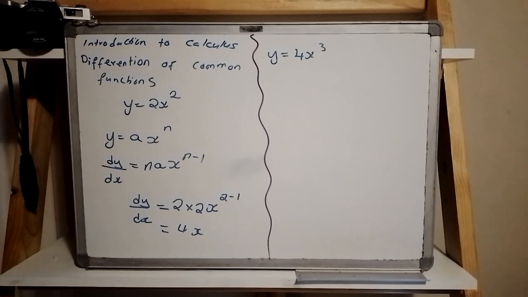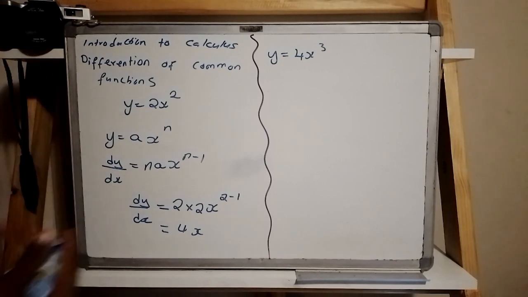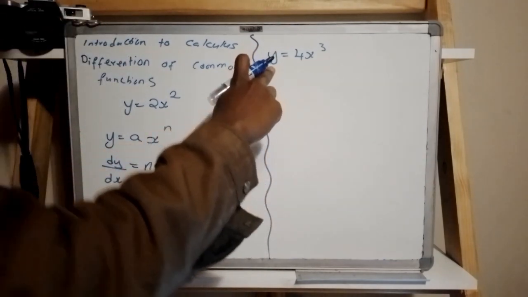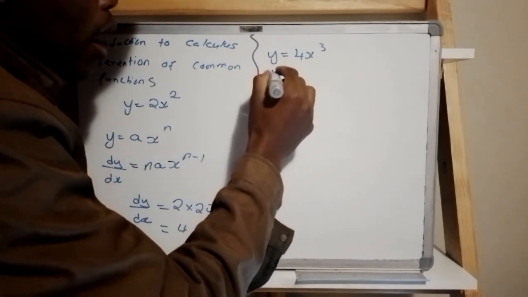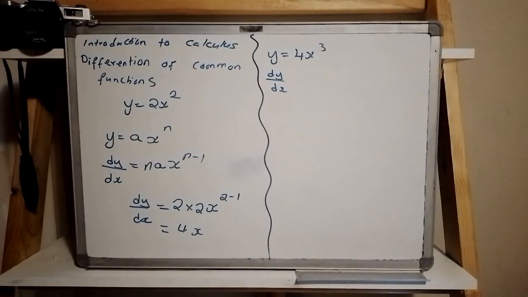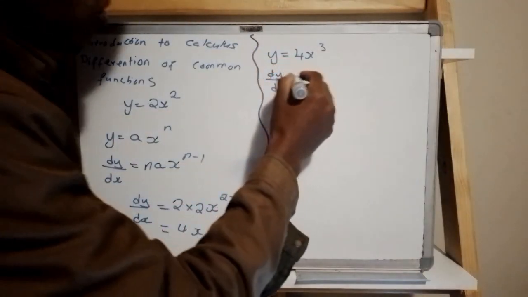What are you going to do when you differentiate? You're just going to make it simple and say, when I differentiate y, I'll get dy over dx. Why do I get dy over dx? Because I'm differentiating y in terms of x. That is why I have dy over dx, which is equal to.